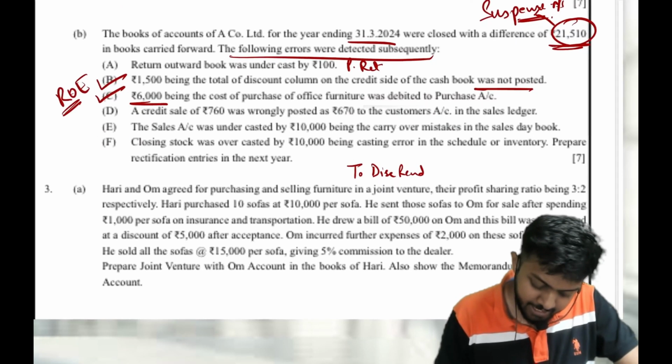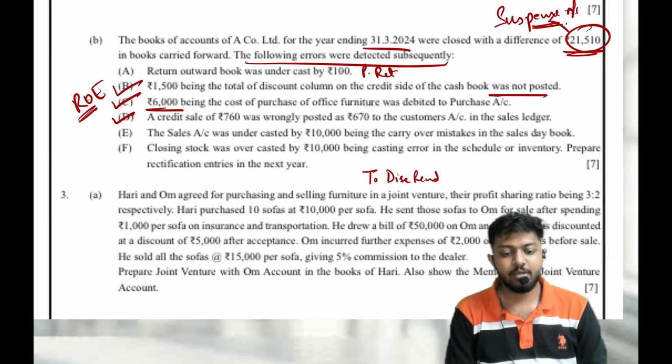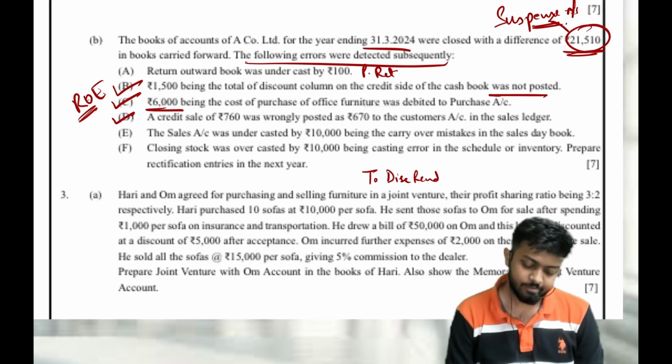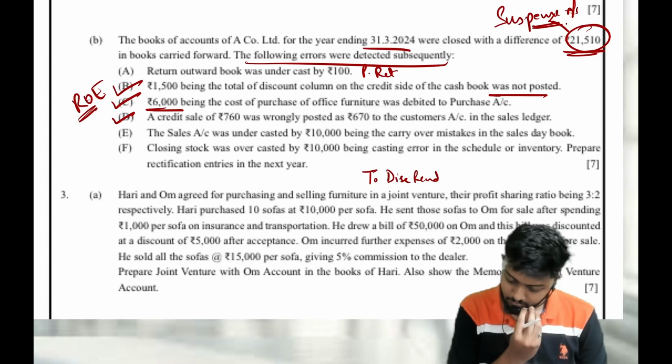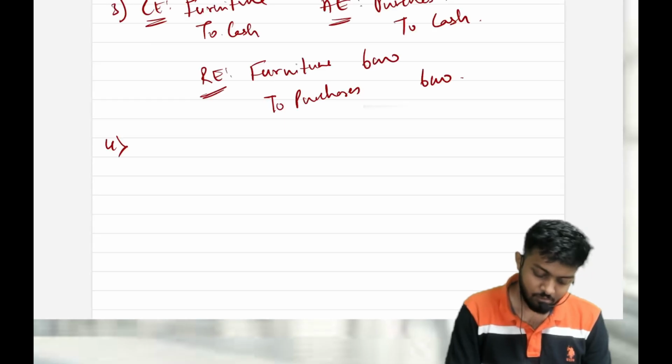Next: credit sale of 760 was wrongly posted as 670 to the customer's account in the sales ledger. What is the correct entry?